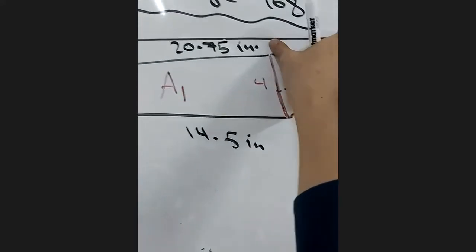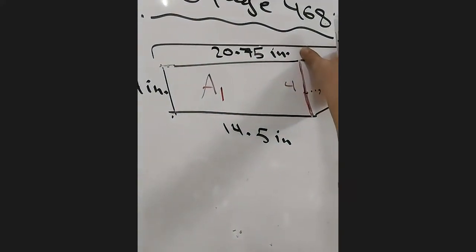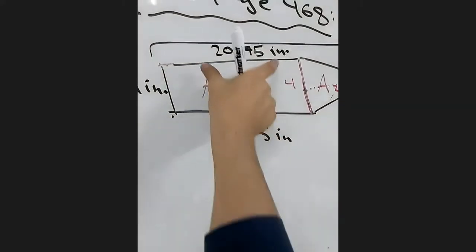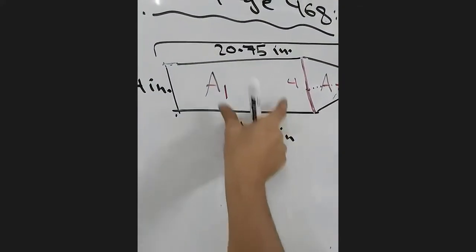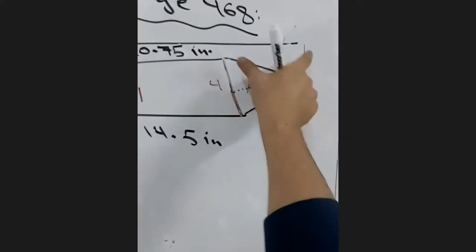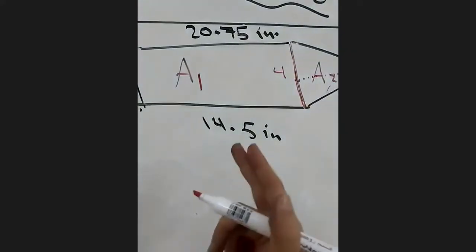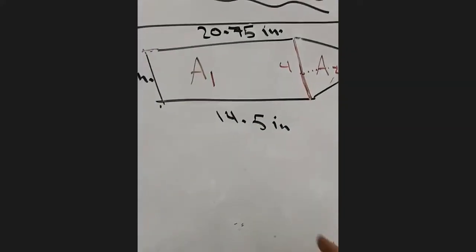I want this part only, so I will cut the rectangle's 14.5 from the 20.75. It is still the triangle only. The 20.75 minus 14.5, how much? 6.25. Let me check. 20.75 minus 14.5 is 6.25. Excellent.